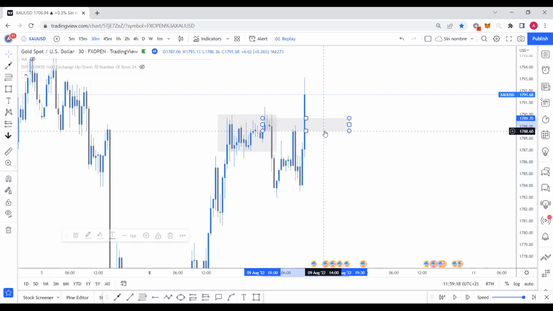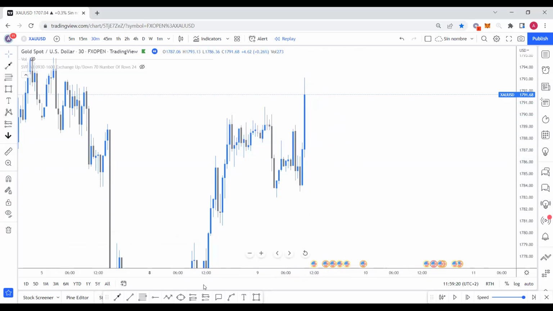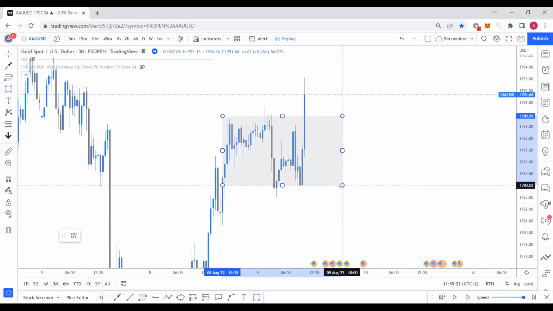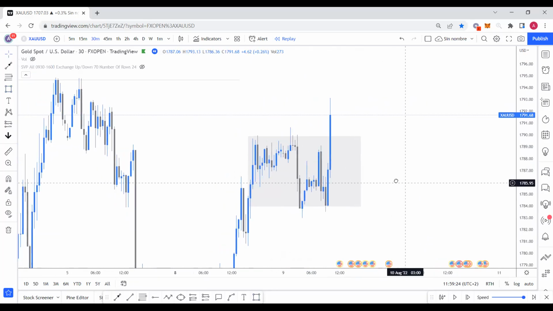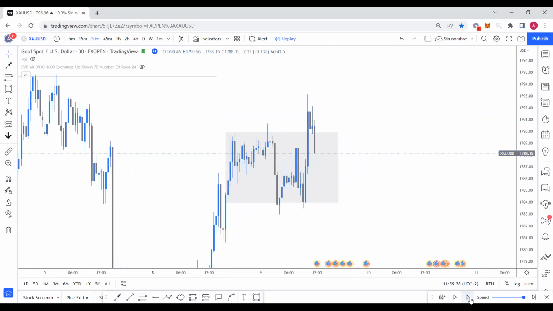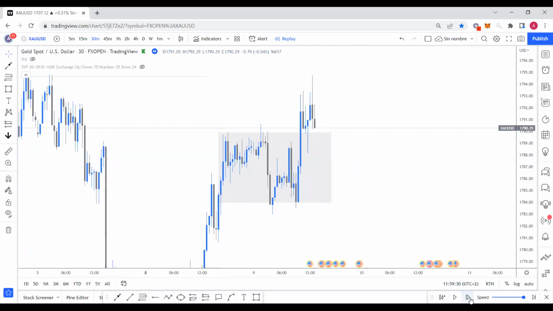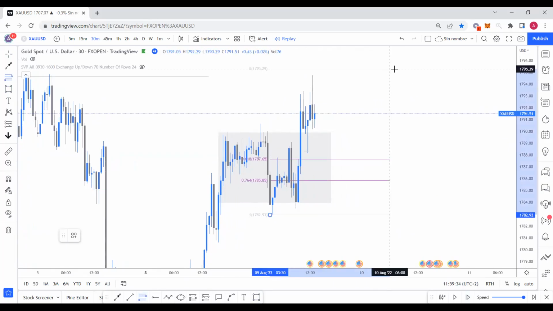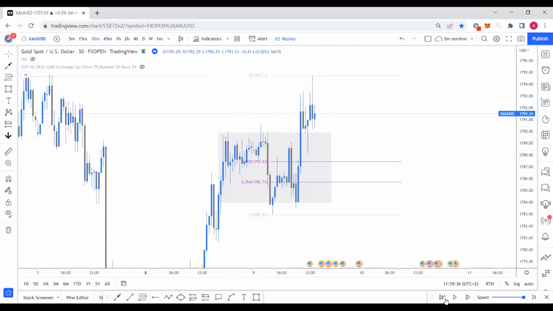Then, again, the same. Price forms this range right here. You have to focus on the risk management I'm showing you right now because it's the most important thing. Again, trace your Fibonacci from the lowest to the highest point.